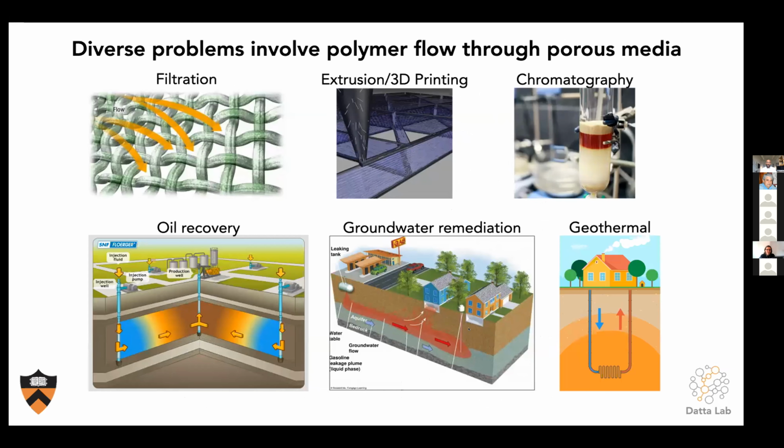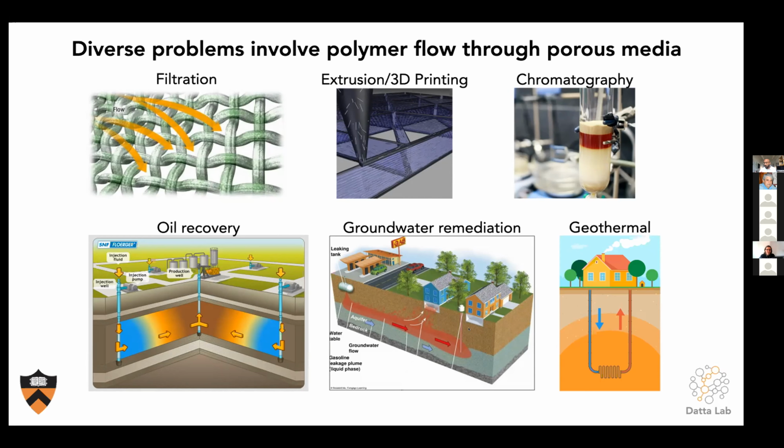And so I don't think I need to tell you all that this is an important problem. Polymer flows through porous media arise in many engineering applications, ranging from filtration and extrusion and chromatography to the classic process of oil recovery. We've heard this morning about how polymers are often used for conformance control. And we've also heard that Brazil in particular has tremendous oil resources that are waiting to be extracted, and using polymers is one way to do that.